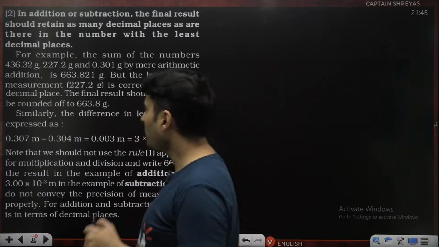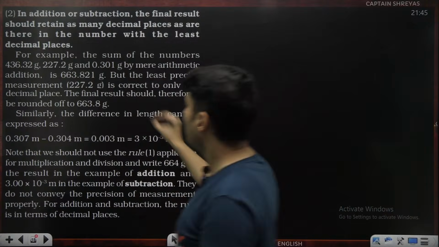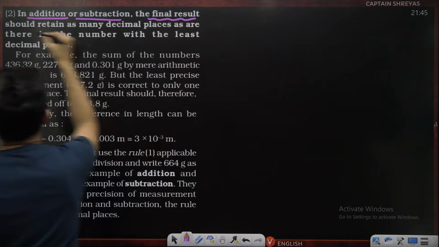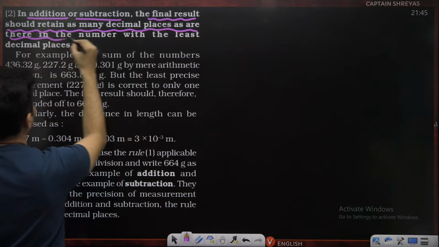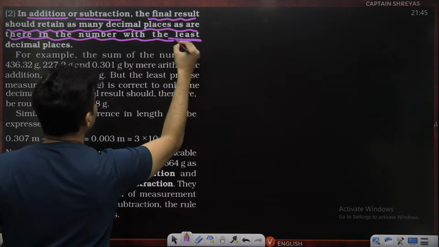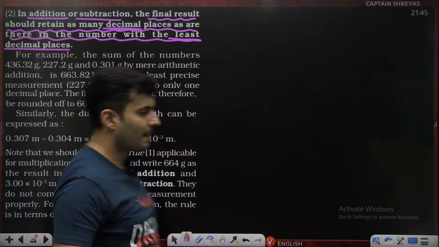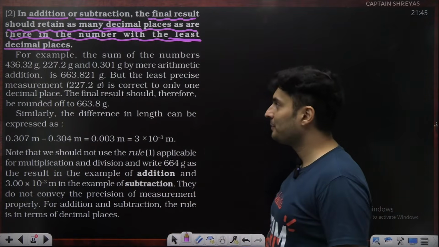Clear? What about addition and subtraction? For addition or subtraction, the final result should contain as many decimal places as there are in the number with the least decimal places, not significant figures. Now you go by decimal places, not significant figures. There's a difference.